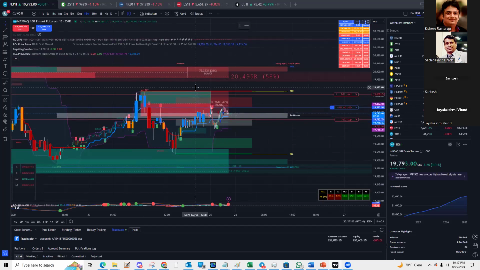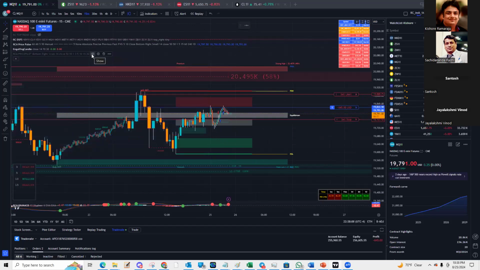But this is such a big range. The orders may be anywhere in that range. So price will touch that, and then you see a sell signal, then the price will drop. Or if it touches the bottom one and then you see a buy signal, then you can go long.